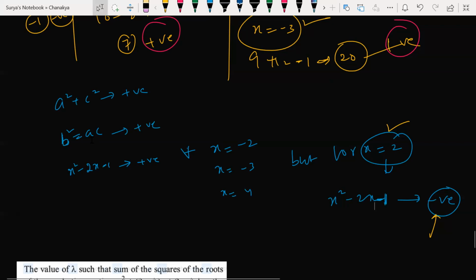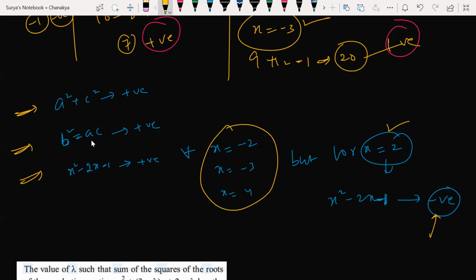Understood, Johan? Johan, you got my point? Yes, sir. Only I had a doubt like why are we taking the squares as positive, but I got it, sir. Yeah, absolutely. For these values only it is positive, not for every value. For these 3 values only it is positive. For x value 2, it is negative. Getting my point? Yes, sir. Got it, sir.